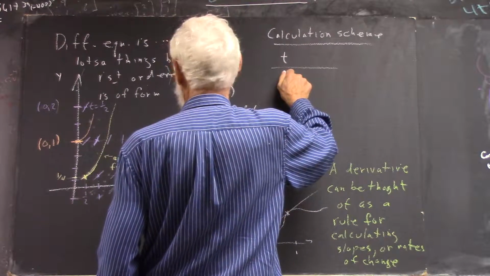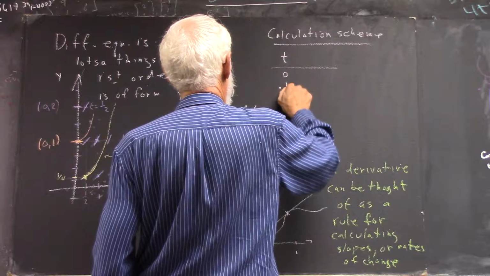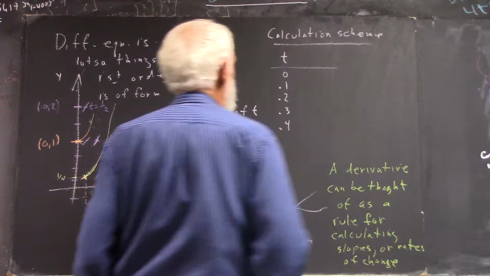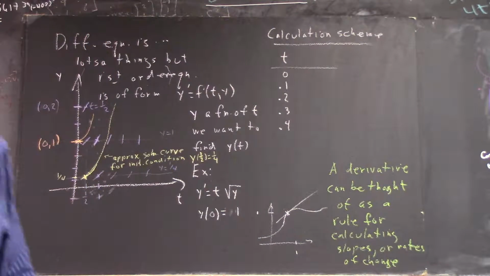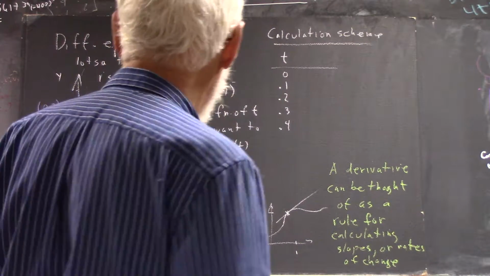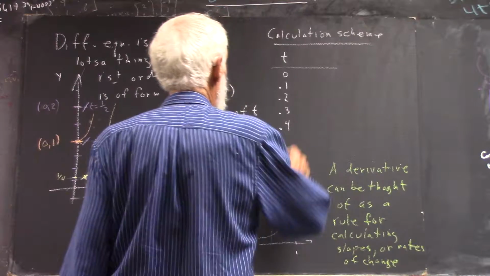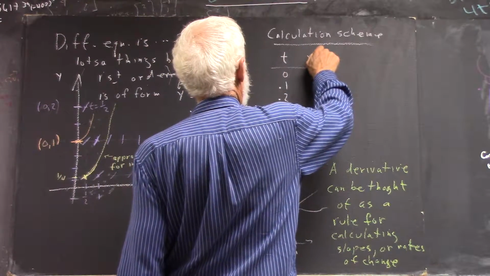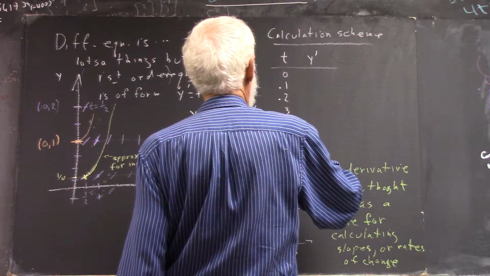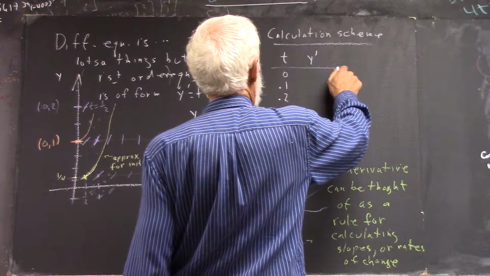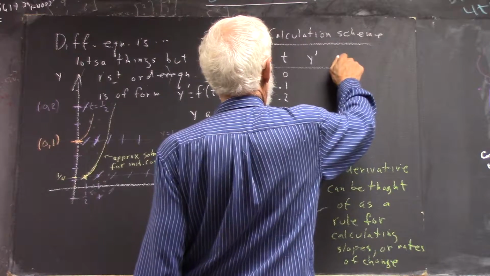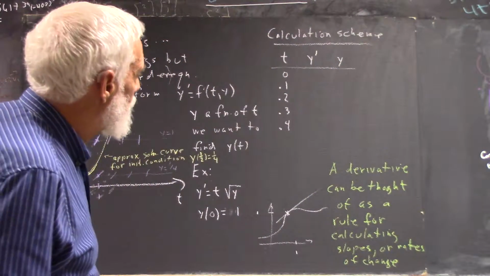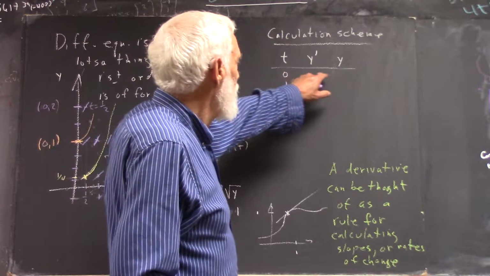It's going to start at 0 and go by 0.1. And then we're going to have our approximate value, well, we're going to have y prime and we're going to have y.